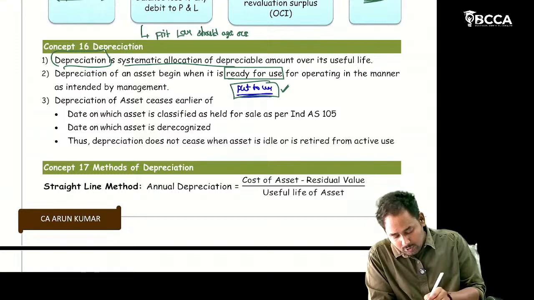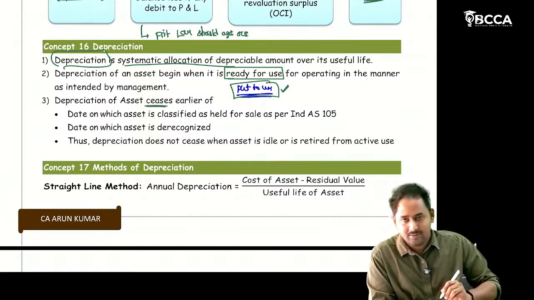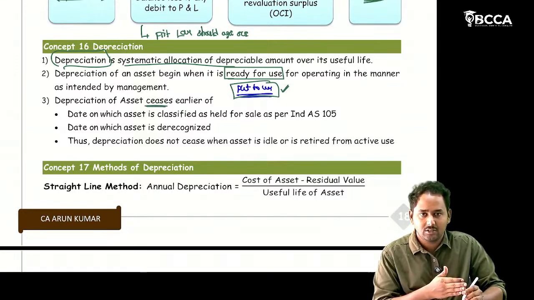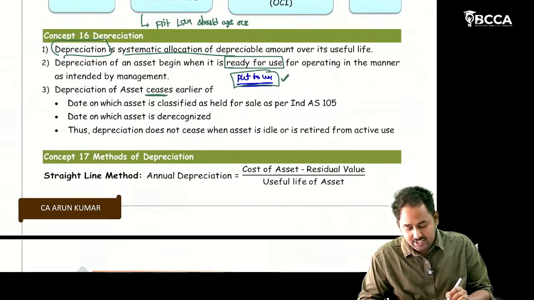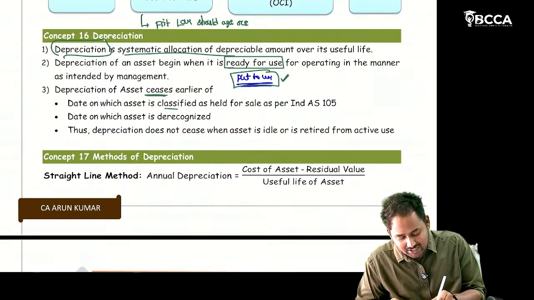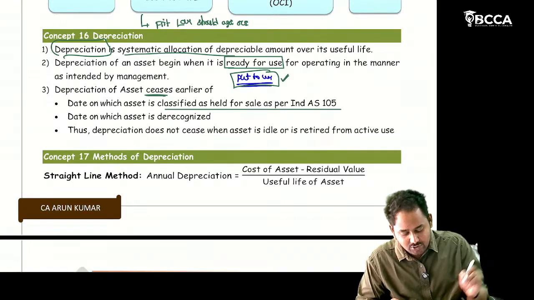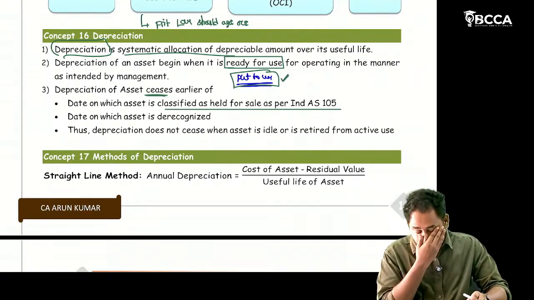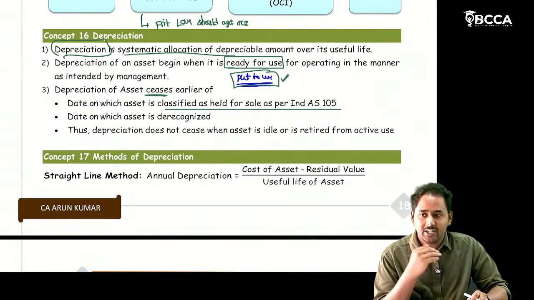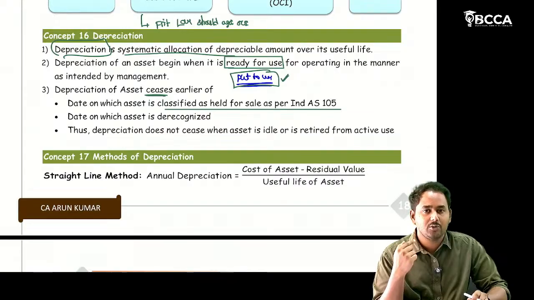Then when should we stop the depreciation? I already discussed the starting date. The starting date is the date of put to use or date of ready to use, whichever is earlier. Then depreciation ends on the date on which the asset is classified as held for sale as per Ind AS 105. So you have purchased one asset and you want to sell it in the near future. That intention should be communicated to the shareholders.